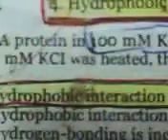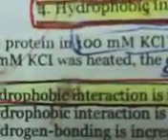Here we come to question number four. A protein in 100 millimolar KCl solution was heated and the observed Tm, the midpoint of unfolding, was 60 degrees Celsius.